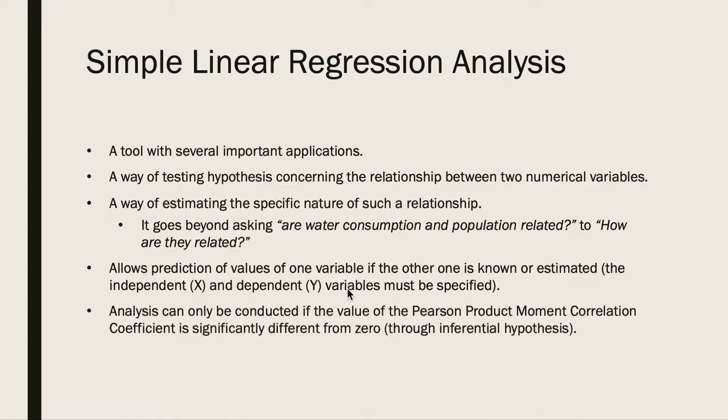Analysis can only be conducted if the value of the Pearson r, the Pearson product moment correlation coefficient, is significantly different from zero. That is, it must be as much as possible a high correlation, either high positive or high negative, but it should be significantly different from zero. We know this through inferential hypothesis testing.